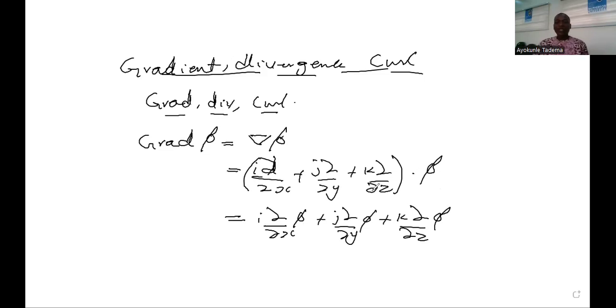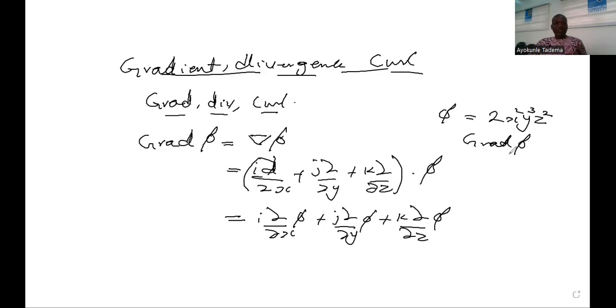Now, let's quickly look at one example here. For instance, you are given that phi equals 2x squared y cubed z squared, and you're asked to find grad phi.